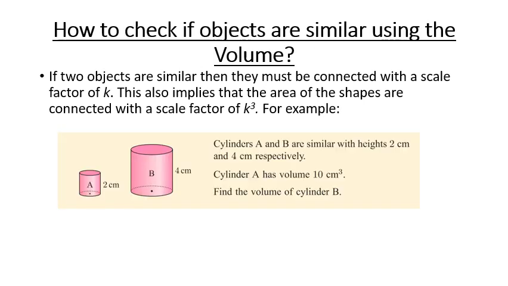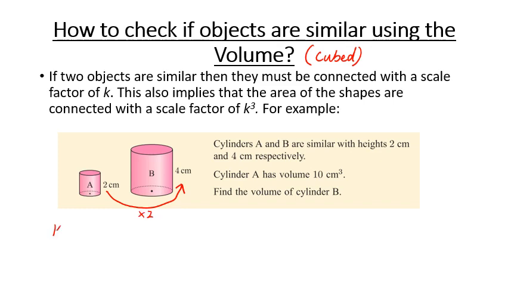Now the volume of similar shapes is exactly the same as the area of similar shapes, except instead of the scale factor being K squared, it's now K cubed, because volume, remember, is cubed. So as an example, we can see that our lengths are 2 and 4, so our scale factor, or our K value, must be 2.